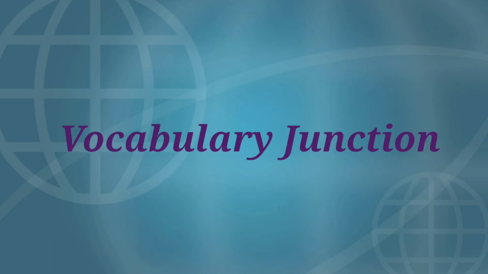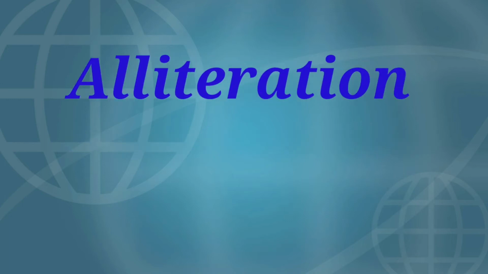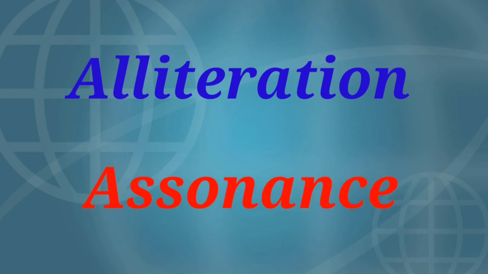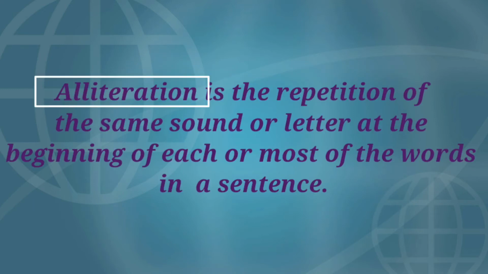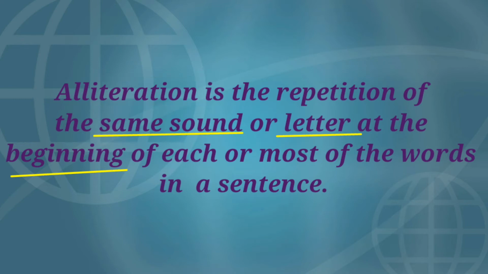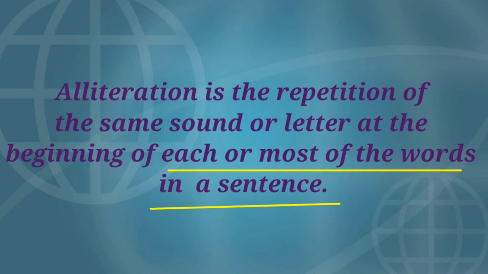As I told you already, in this video you are going to learn two poetic devices. One is alliteration and another one is assonance. So let me explain what alliteration is. Alliteration is the repetition of the same sound or letter at the beginning of each or most of the words in a sentence. It's very simple.